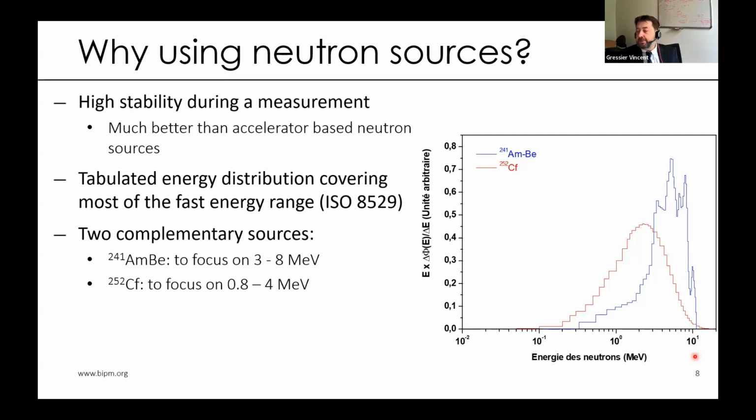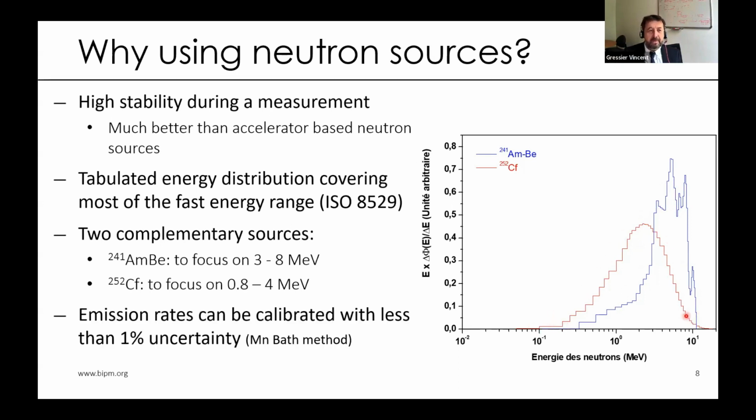There are two complementary sources that are available and well described: americium-beryllium 241, which covers the 3 to 8 MeV energy range, and californium 252, which covers the 1 MeV to 4 MeV energy range. So you have the energy distribution, americium-beryllium here, californium here. The emission rates of these sources can be calibrated today with less than 1% uncertainty with the manganese-based method. I will not go into details; maybe another webinar for that.